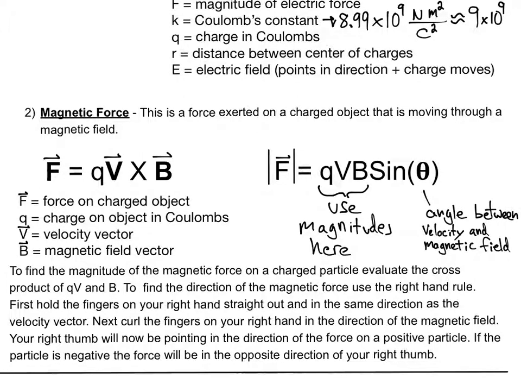Then once you curl your fingers in that direction, your right thumb will be pointing in the direction of the force a positive particle would experience. And if the particle was negative, the force will be in the opposite direction of your right thumb. We'll do plenty of this later on. We'll also talk more about cross products when we get to torque, because torque is R cross F.